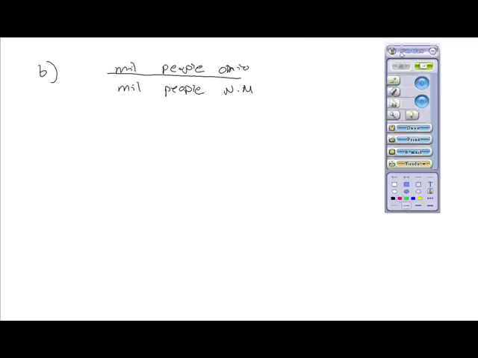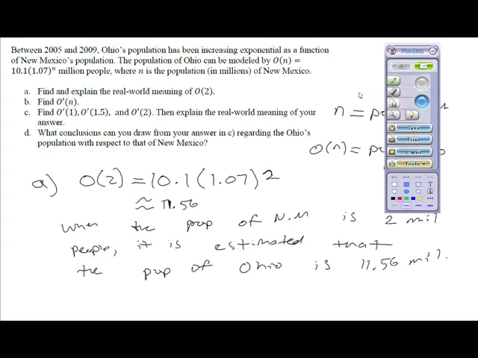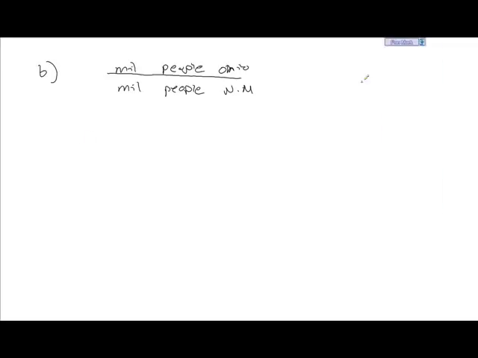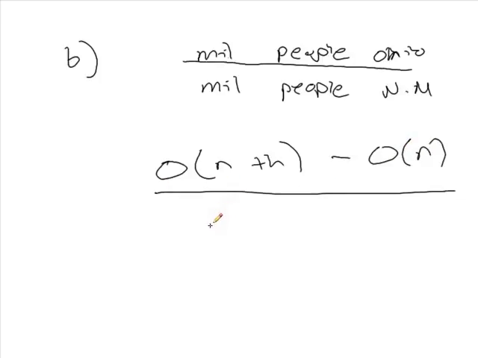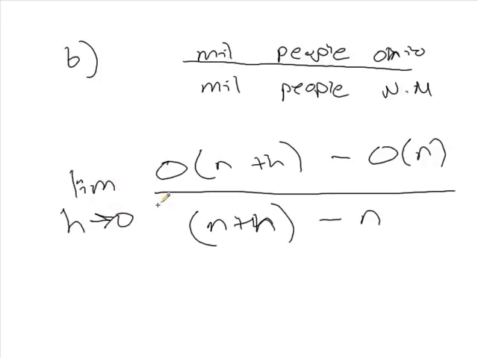And to find this rate of change, we're going to use our standard formula, in this case using O of N, so we'll do O of N plus H minus O of N over N plus H minus N. And we want to find out what happens to this rate of change as we make the value of H really small.